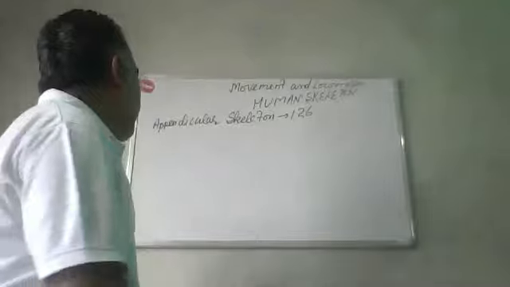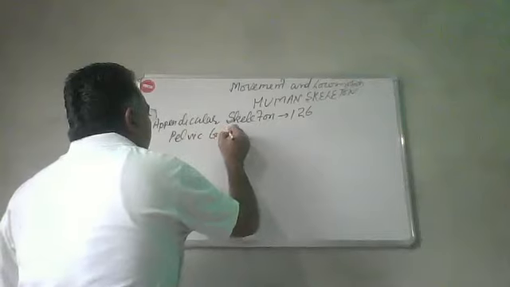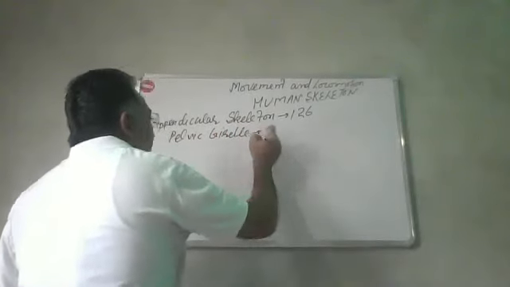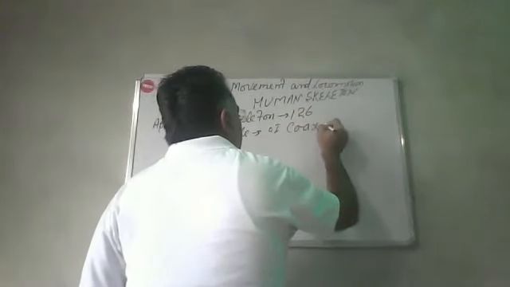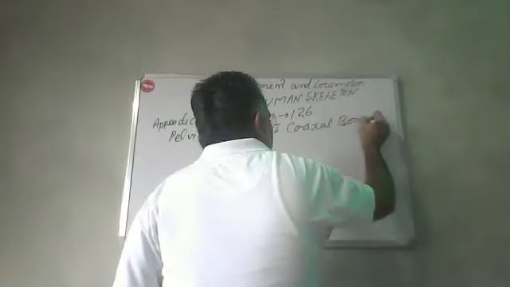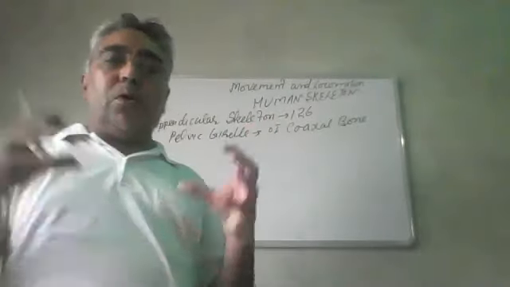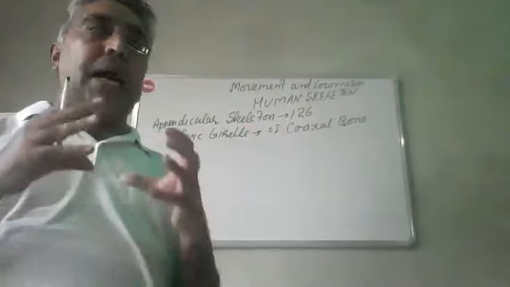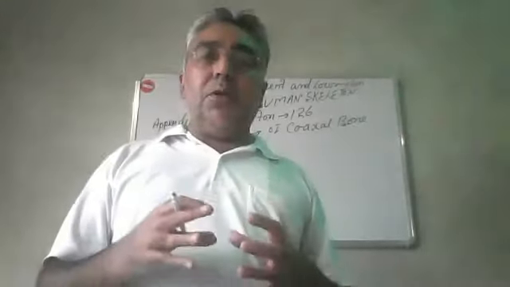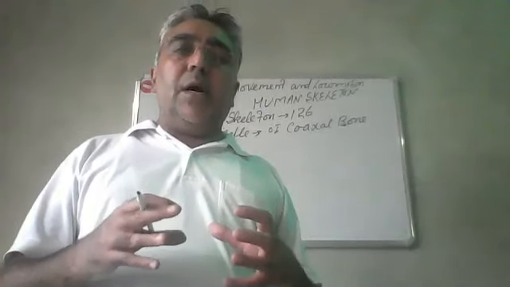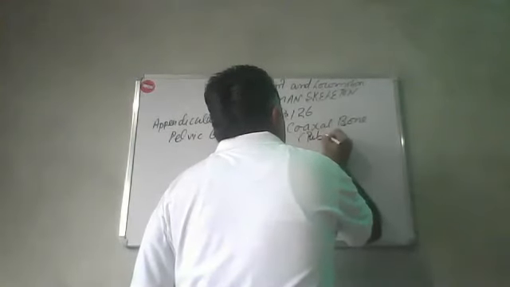After the pectoral girdle, we have to study the pelvic girdle. Pelvic girdle contains one bone, that is the coxal bone. I also want to tell you that the coxal bone is formed by fusion of 3 bones: pubis, ilium, and ischium.